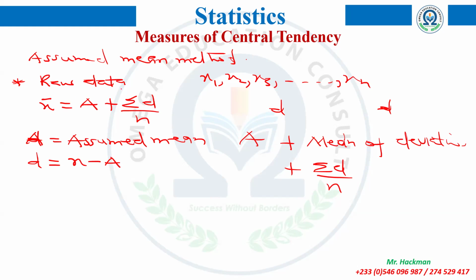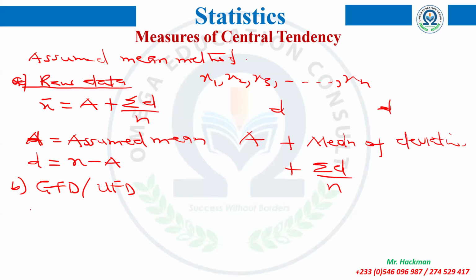Now I said raw data, so let me look at this as A. Now B, let's look at it from either the grouped frequency distribution table or the ungrouped frequency distribution table. I'm using this for short so that we save time, but it's not universally accepted. The grouped and ungrouped frequency distribution tables will have the same formula, only that from the grouped, you will do more work.